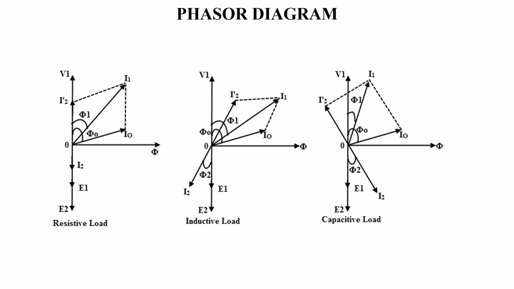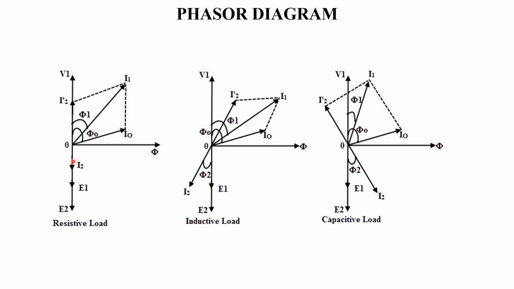Based on these concepts, we can see here some phasor diagrams for resistive load, inductive load, and capacitive load. In these three diagrams, phi is taken as the reference, and under no load condition, the no load current I0 will flow through the circuit. If we connect some load to the circuit, here a resistive load, then what will happen?